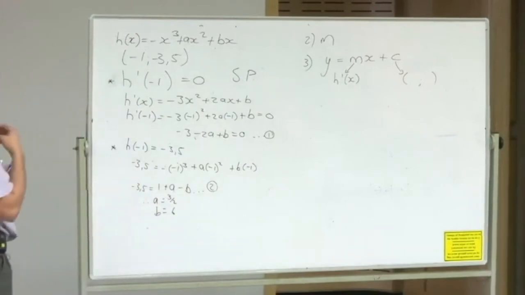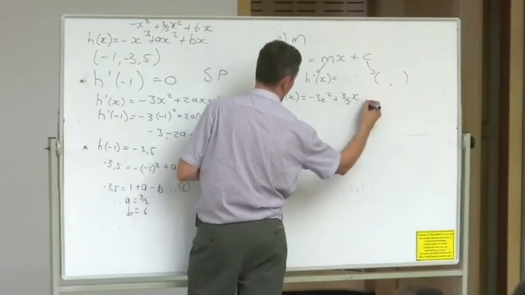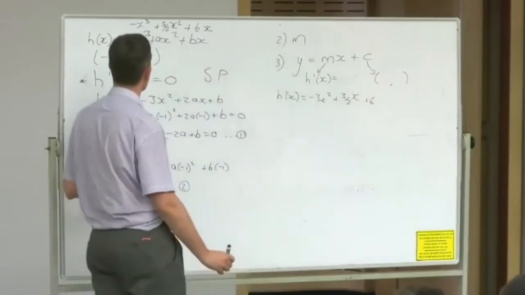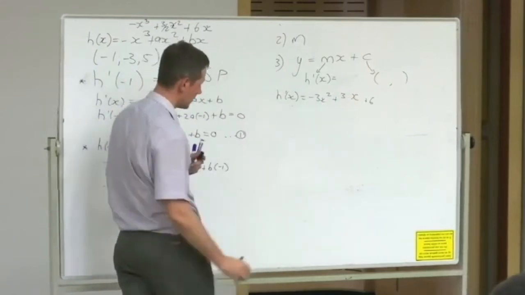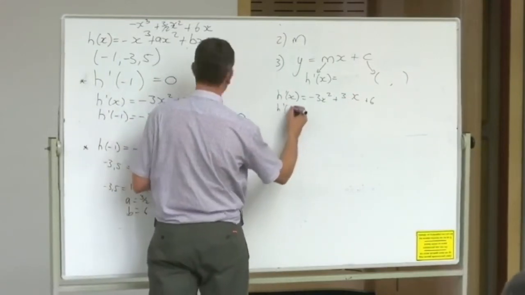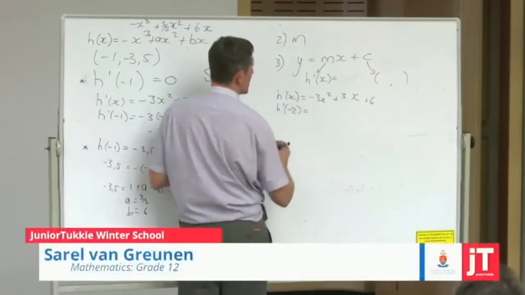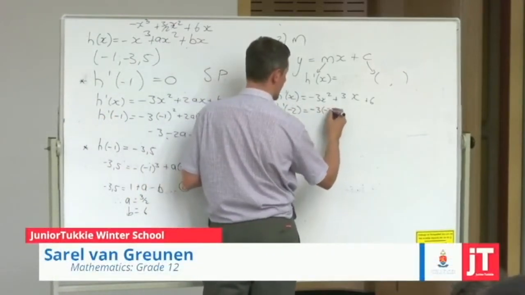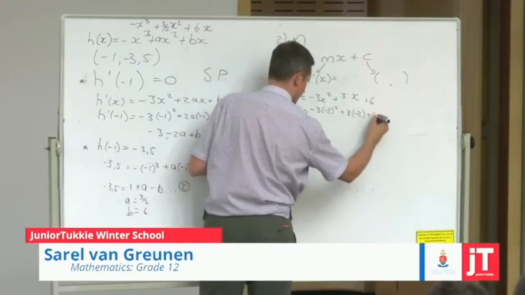So if I look at this, hx plus 6, no, I'm lying, that's just 3. So h accent, and I'm looking for it at -2. So this is going to give me -3 times -2 squared, 3 times negative 2 plus 6.